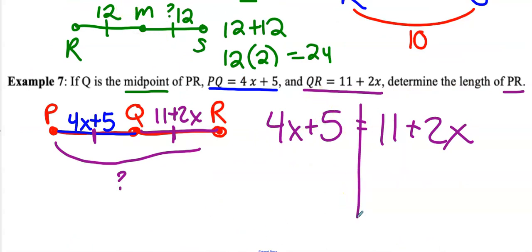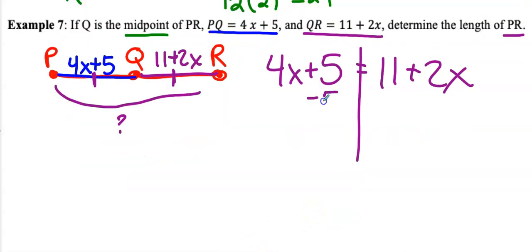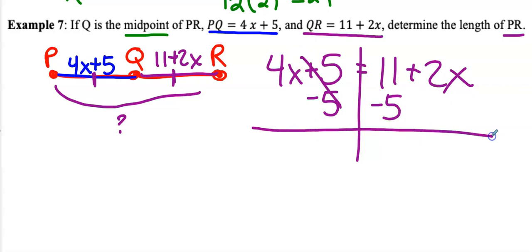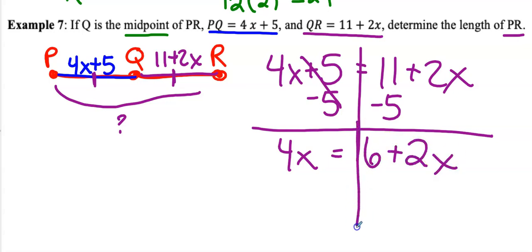Okay. So primero, I'm going to minus 5. Y repite. Abajo 11 porque no tiene x. So bring down 4x. 11 minus 5 is 6, plus 2x.